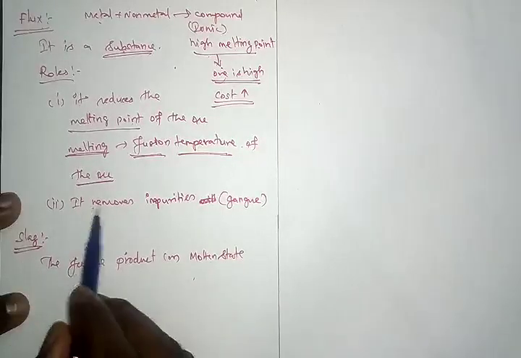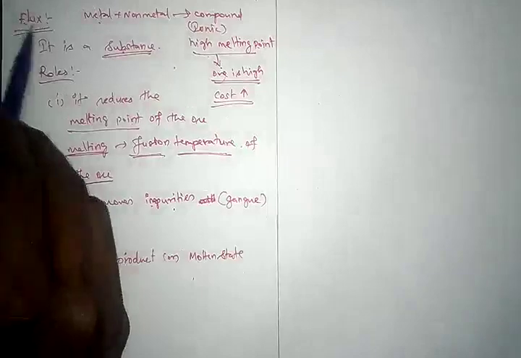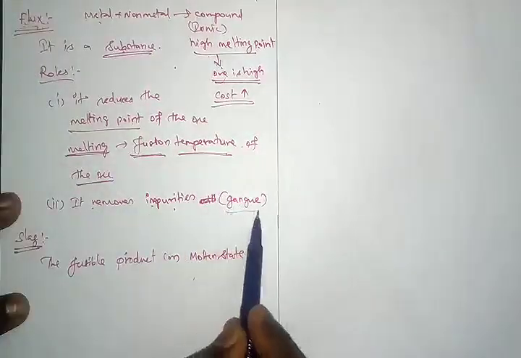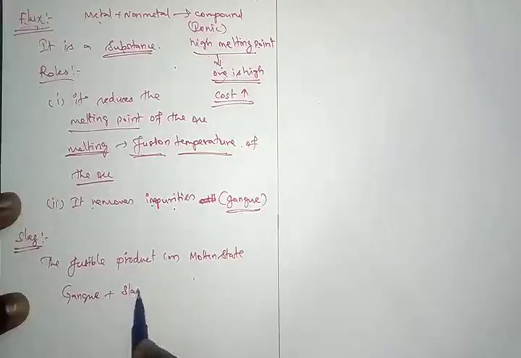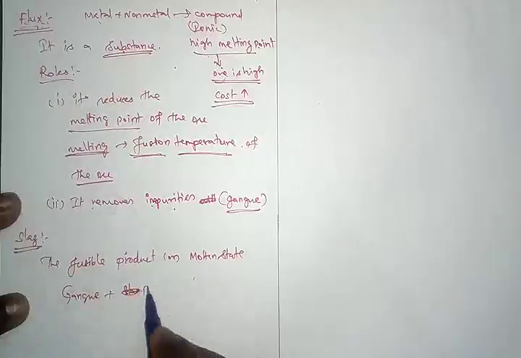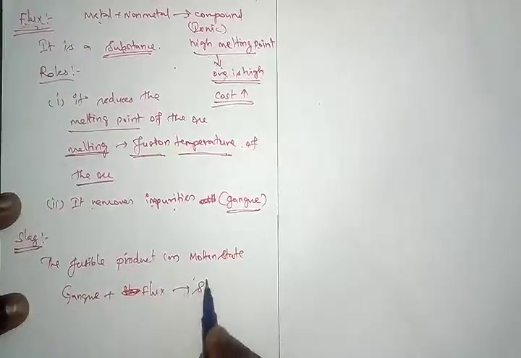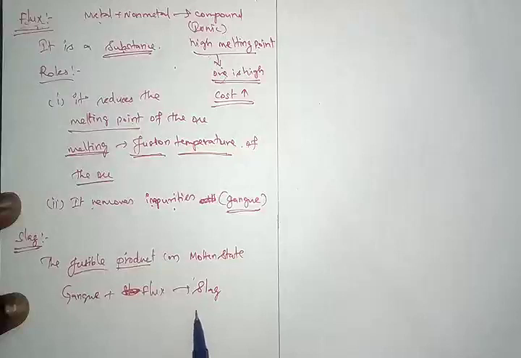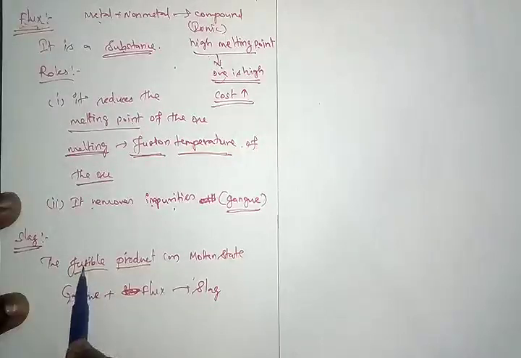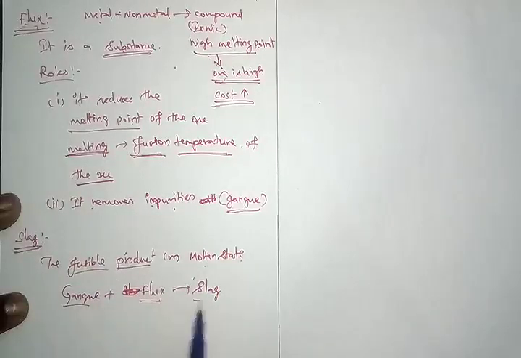I told you flux removes impurities. Impurities are called gangue. So the gangue plus flux is called slag. So it is called a fusible product. That means they are available in liquid form, right? So in molten state, the gangue and flux are collectively called slag.